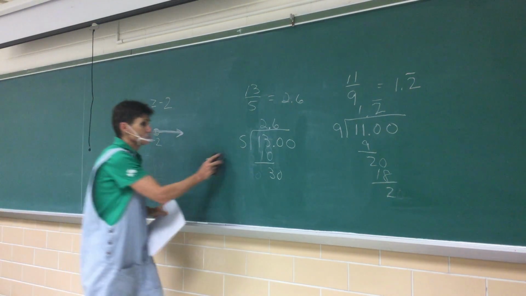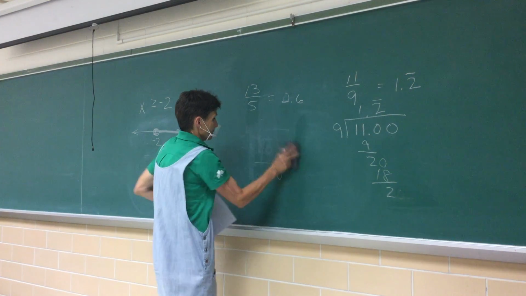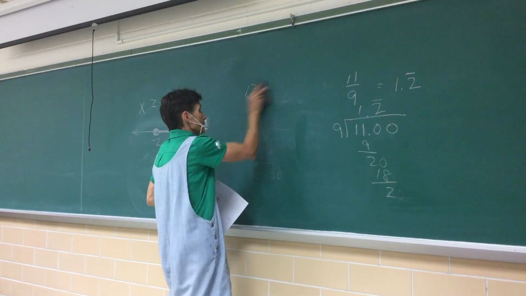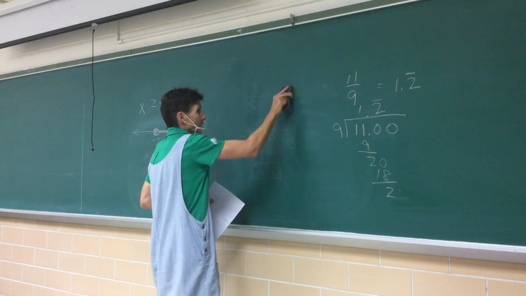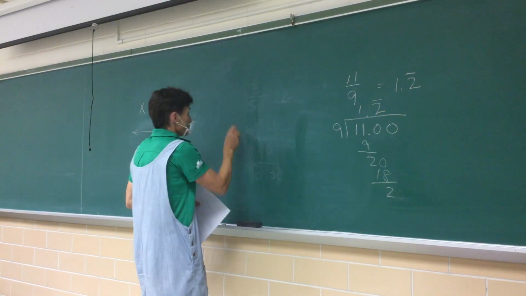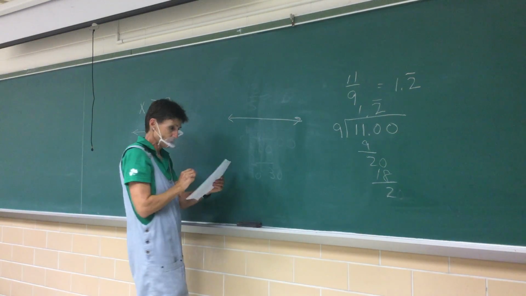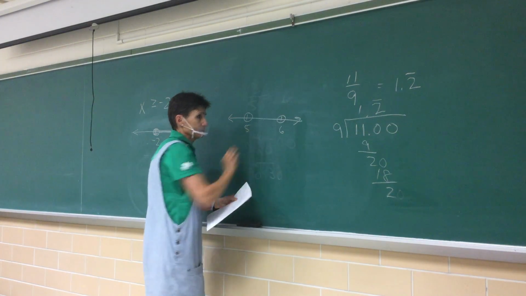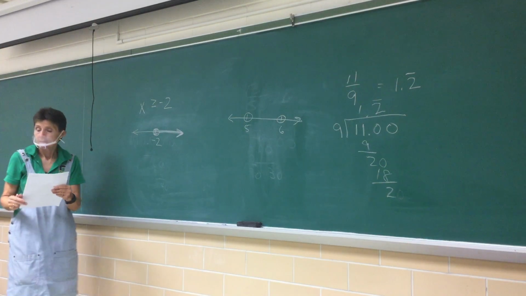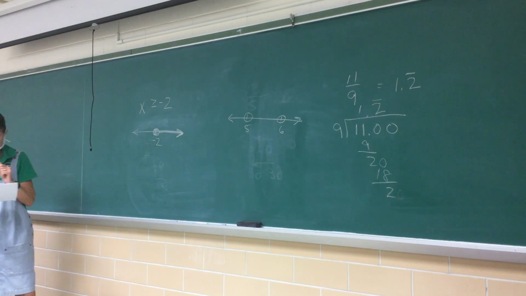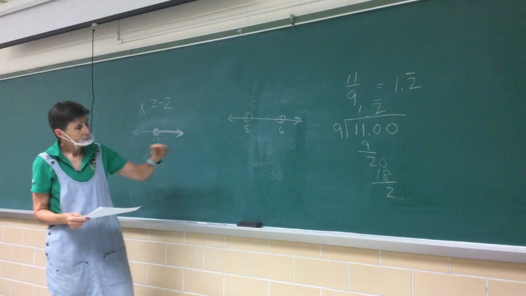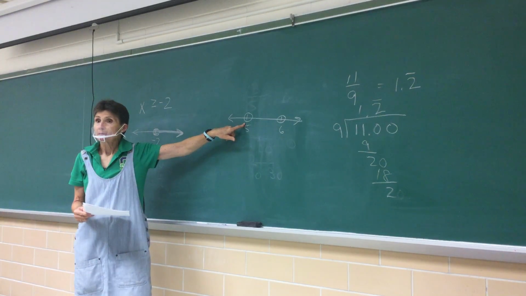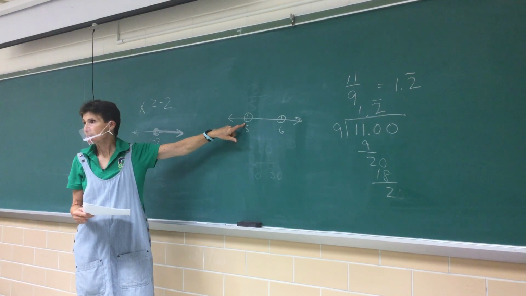Now, what does the next one look like? The next one has 2 numbers in it. So we're going to have 2 numbers. We're going to have a 5 and a 6. And the 5 dot, open or closed on the 5?